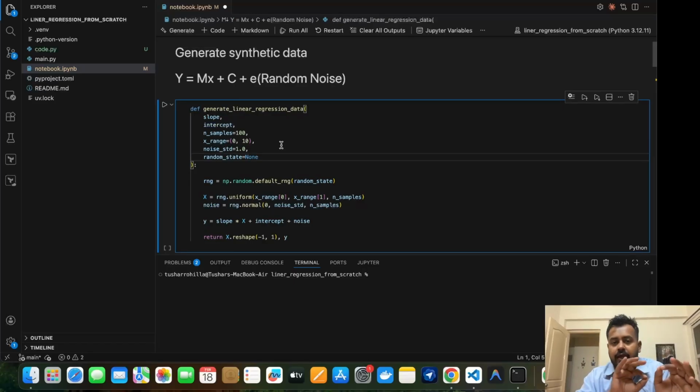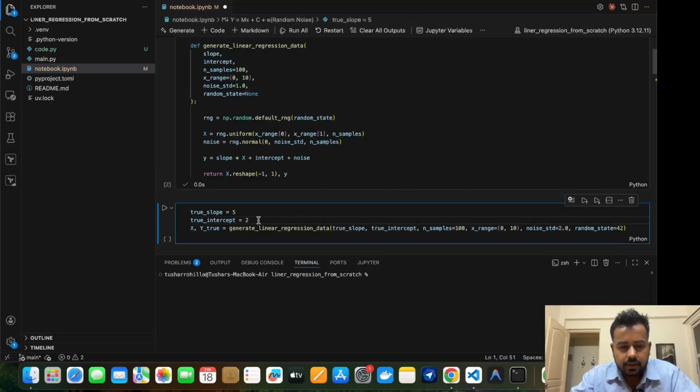We take an xy line, y equals mx plus c, and we basically just add random noise to the y value, so that the data becomes a little bit randomized. I'll just show you. Let's say we are taking the slope as 5 and intercept as 2, and passing it to this function.